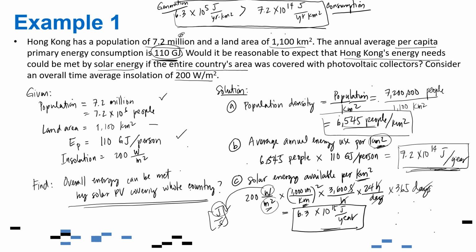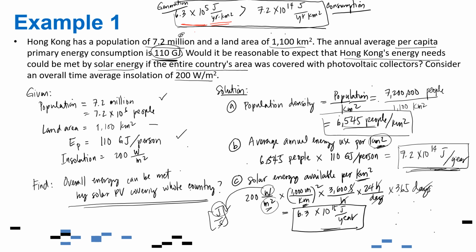Now, what can you actually notice from this problem? What you can notice is that the efficiency of the solar PV was not given. So we are assuming that this answer is 100% efficient. So let's consider 20% efficiency.